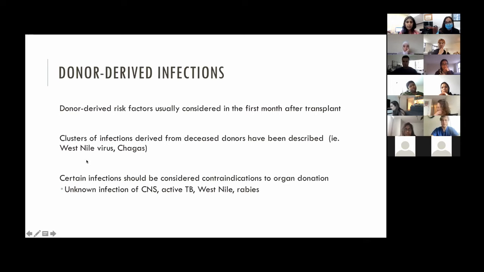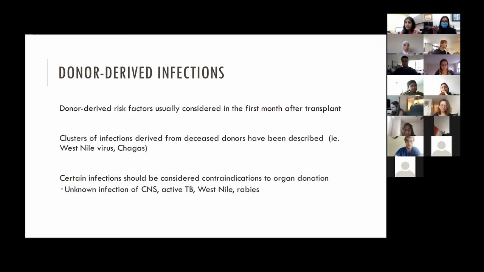For example, West Nile virus is an infection that can be transmitted from a donor to a recipient. Usually we don't know about it, and oftentimes the recipient may present with West Nile virus meningitis, and then we have to go back and think about whether this could have come from the donor. If we know about that in a donor ahead of time, that is not a donor organ we would have taken.